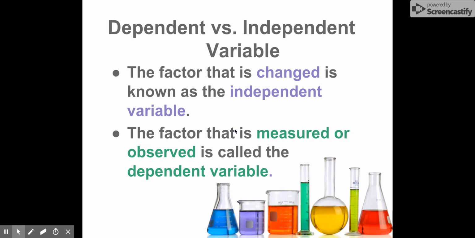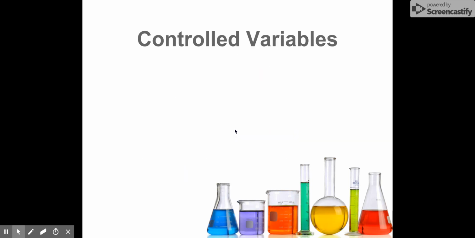So that's why it's an independent variable. And the factor that is measured or observed is called the dependent variable. So if we're getting some type of analysis and we're measuring something, that's the dependent variable. We'll go over this a little bit more in class because I know it can be a little confusing. So if you have any questions, please stop this video and ask me some questions. I'll be in class.